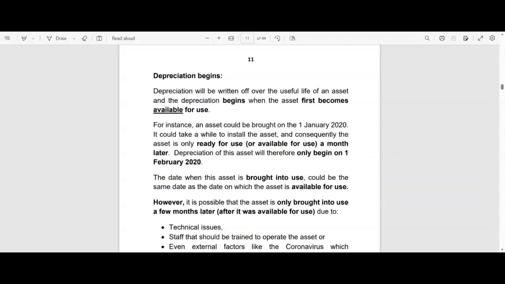In other words, that asset is now in perfect condition so that it can be used as management intends. In other words, everything is done, it's been installed, it's been inspected. What does that imply? It means the asset is now available for use. That is what we've mentioned there.